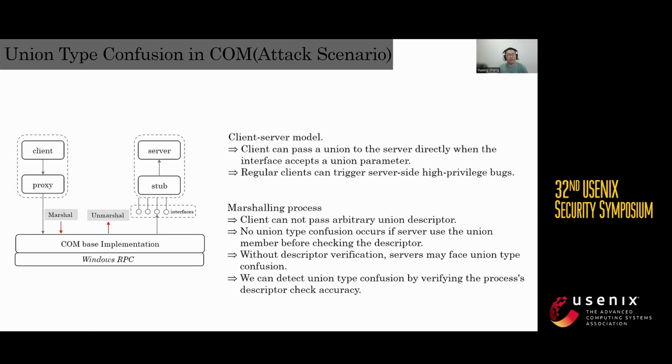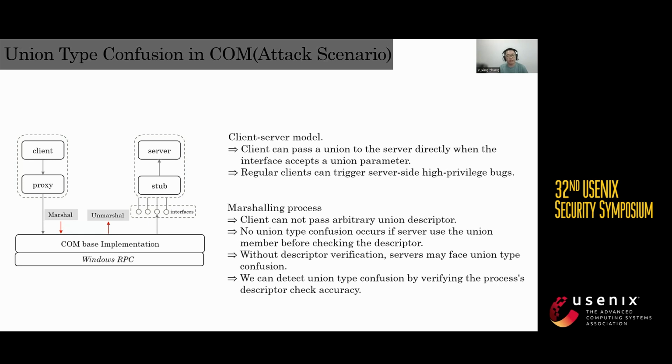However, there is a safeguard within COM that stops clients from passing an arbitrary unit descriptor. This is the marshalling process. Each request along with its parameters will be marshaled first before being sent to the server. And this process packages the unit member in accordance with the descriptor.